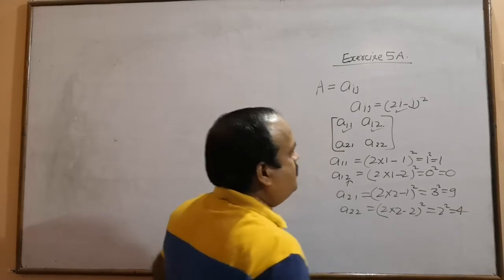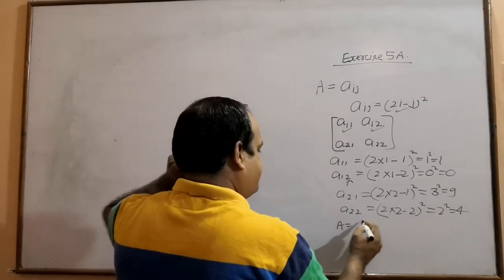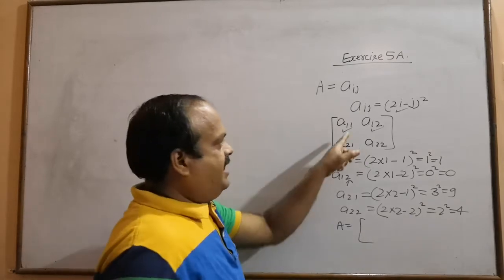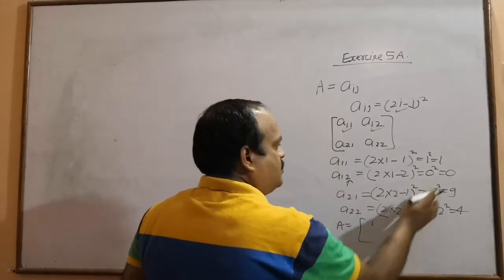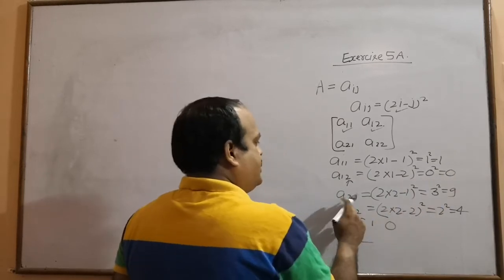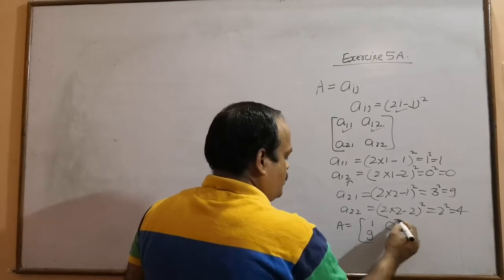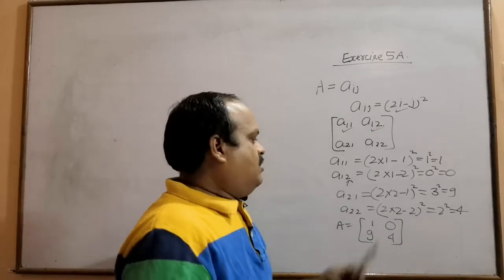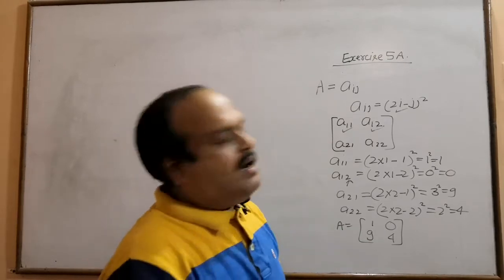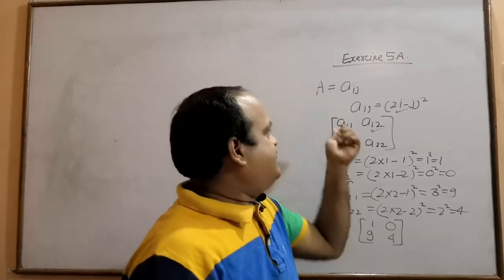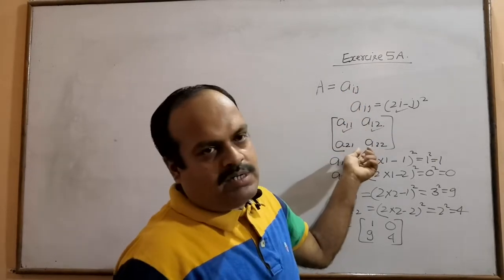Its square is 4. So the matrix A will be A11 is 1, A12 is 0, A21 is 9, A22 is 4. We have got all the 4 elements of this matrix A.